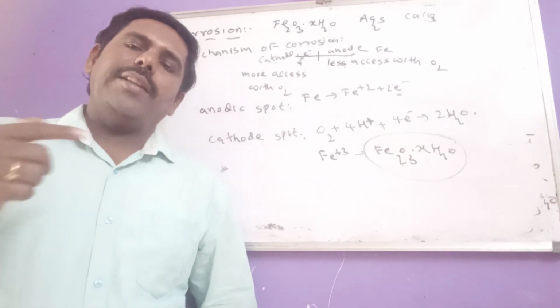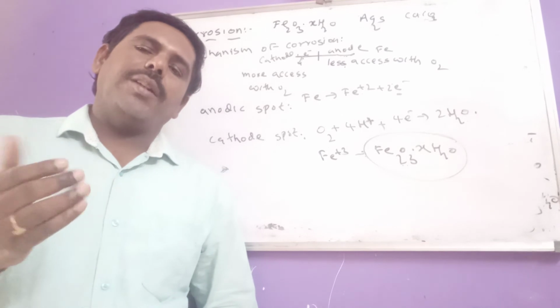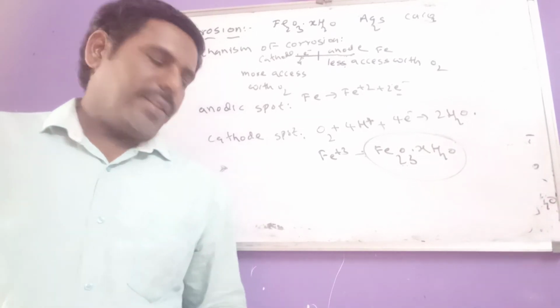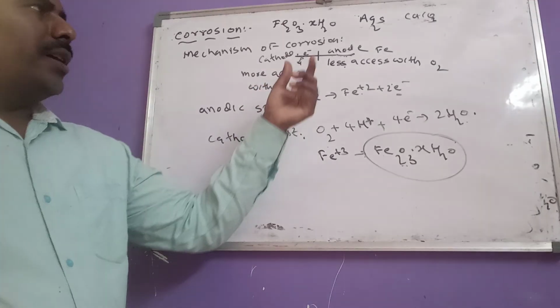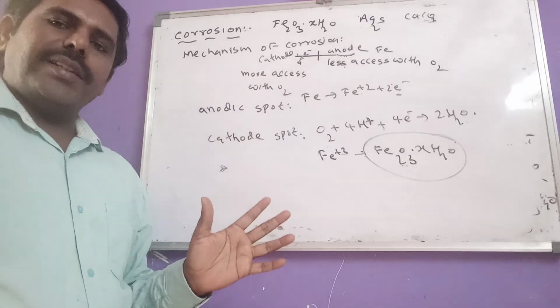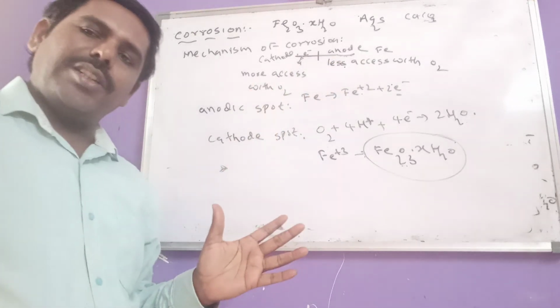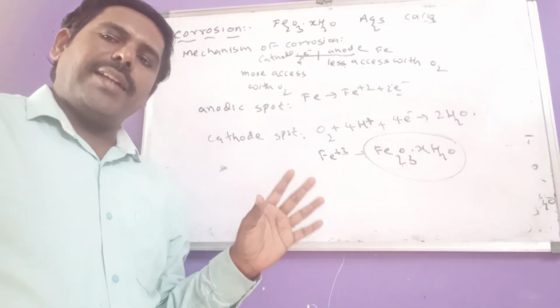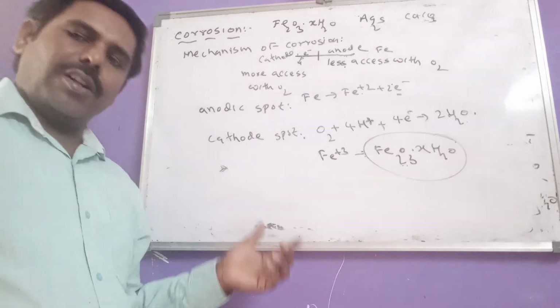So that's why only the dipped part undergoes corrosion, but the open part does not. Within the one metal, a galvanic cell is created. The part which acts as anode undergoes corrosion due to less access to oxygen. So this is the mechanism of corrosion.